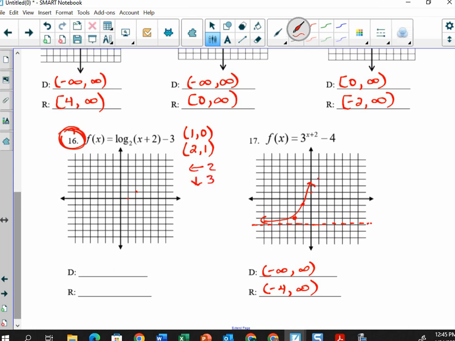So I just count 1, 2, 1, 2, 3. Where's my vertical asymptote? -2. There we go. Domain, parenthesis -2 to infinity. Range, all reals.